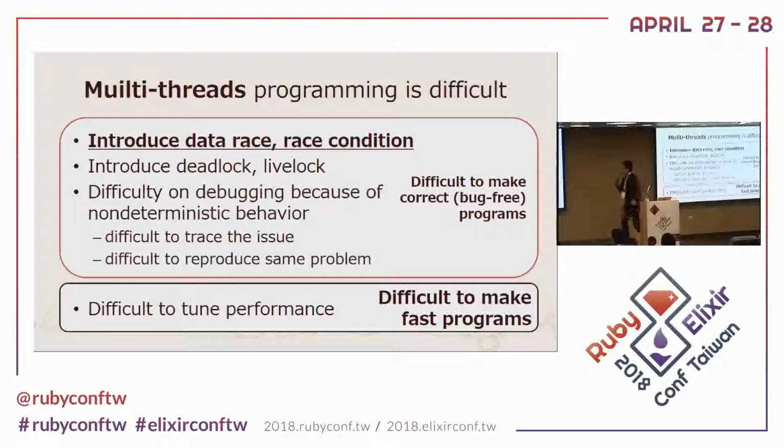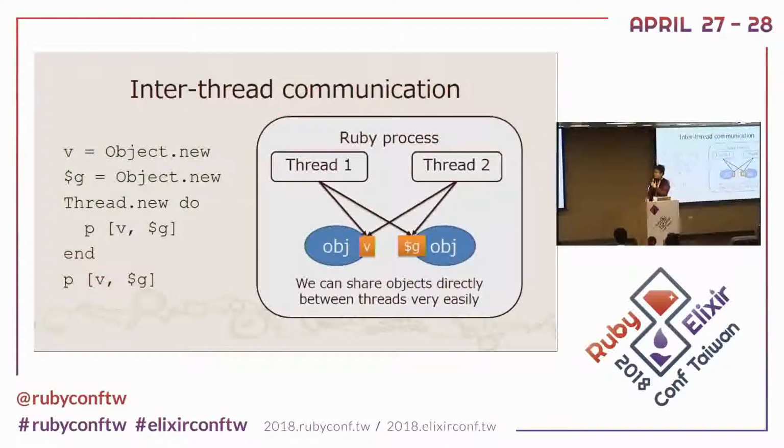But the most difficult thing, I think, is this data race or race condition problem, so I want to explain why it is difficult. If we make thread programs, we can share any object between threads.